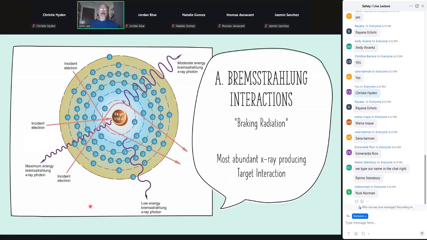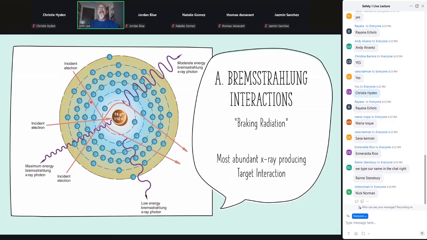So Bremsstrahlung in German, translating it directly to English, means braking radiation. And notice the spelling. This is braking, as in putting on the brakes or slowing down or stopping, not break, as in destroying. And the reason for this, of course, one, Röntgen was a German physicist, but two, what's actually happening here is these electrons that are coming from the cathode are interacting with the tungsten nuclei.